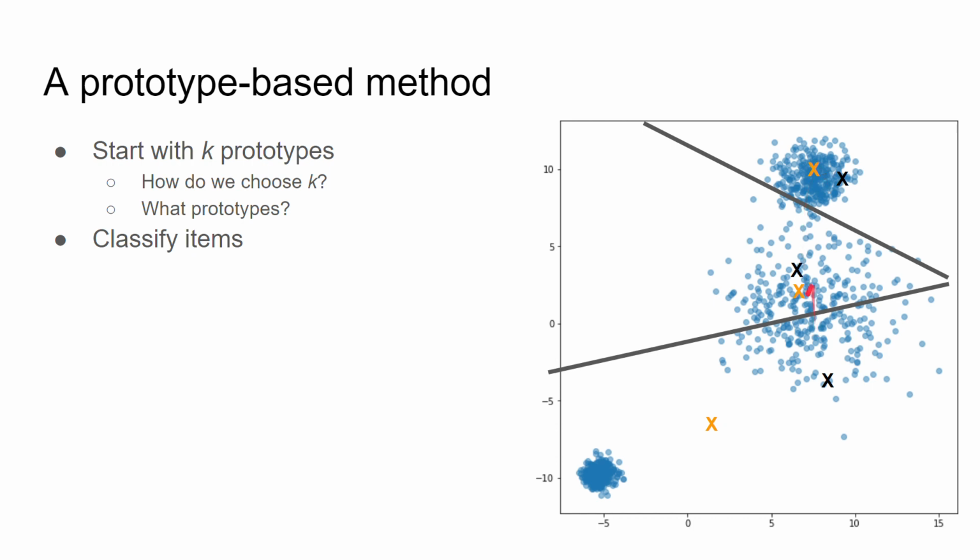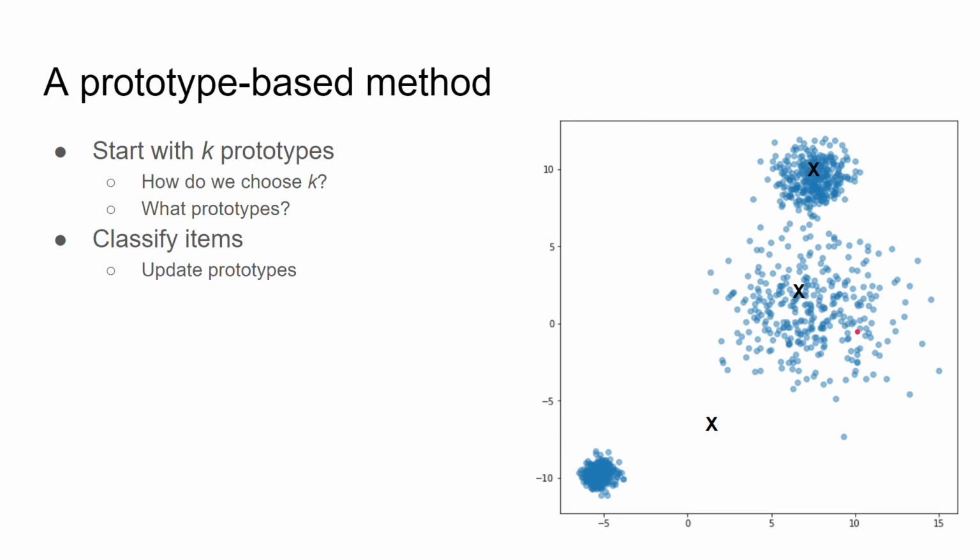Now interestingly, this particular prototype looks nothing like any of the data in the category. So for the moment it's kind of a weird prototype, but fine. And then we say, all right, now we've got new prototypes. Let's repeat the process.